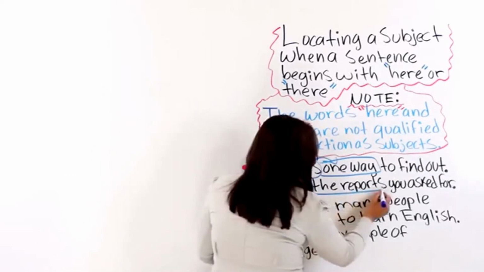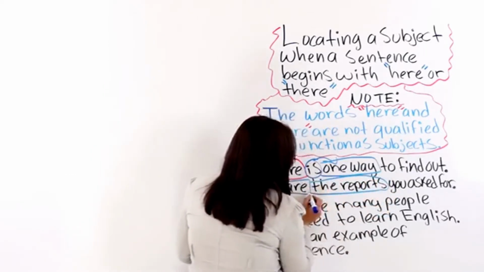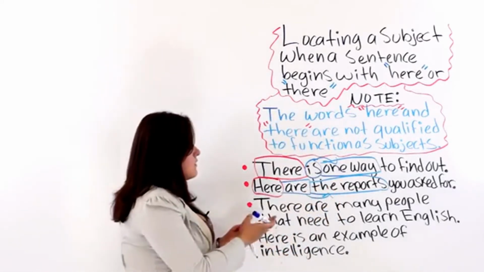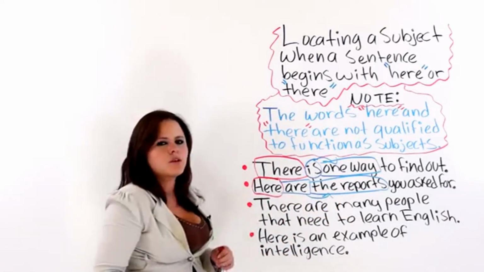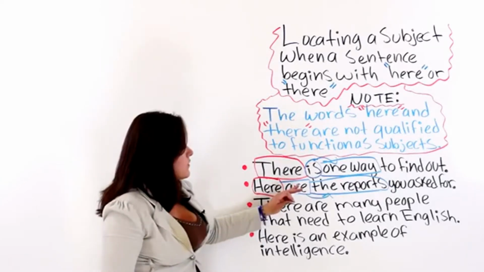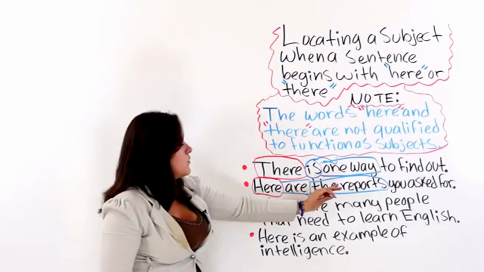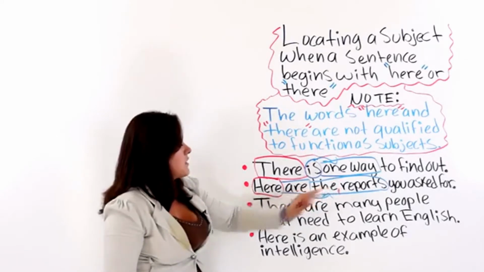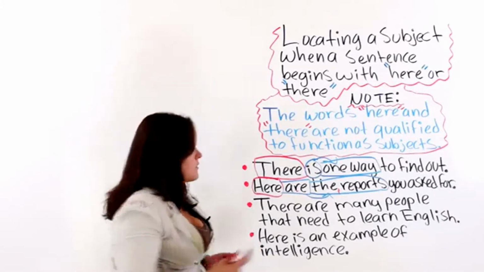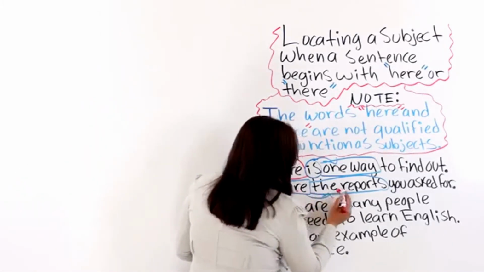The reports. So that is our subject right there. Here are the reports you asked for. And the verb agrees with its subject, because we have a plural subject, the reports, okay, and we have a plural verb, are.